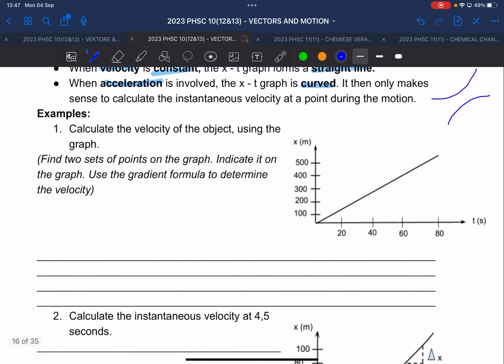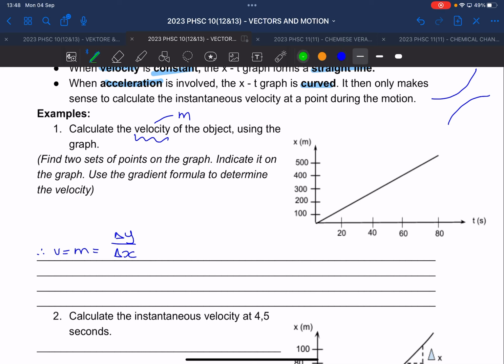Okay. So it says here, calculate the velocity of the object using the following graph. Now you should know, if they ask the velocity, they're basically asking I must calculate the gradient. So you're going to say velocity is equal to the gradient, which is the change in y over the change in x.